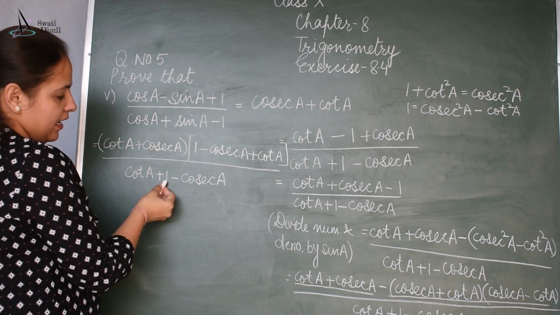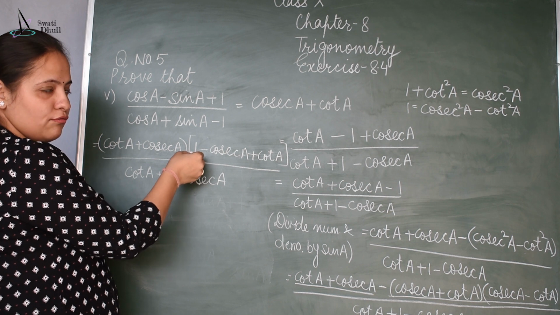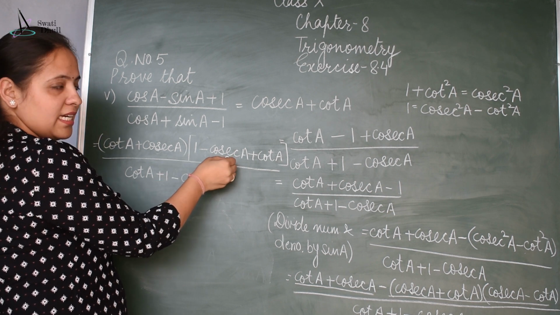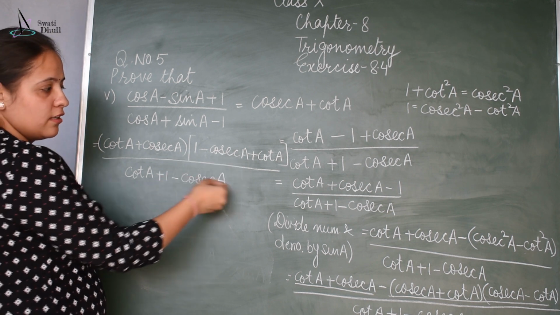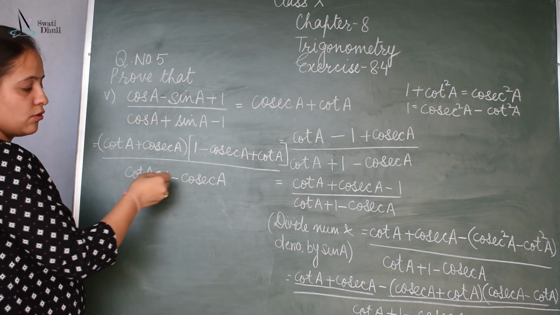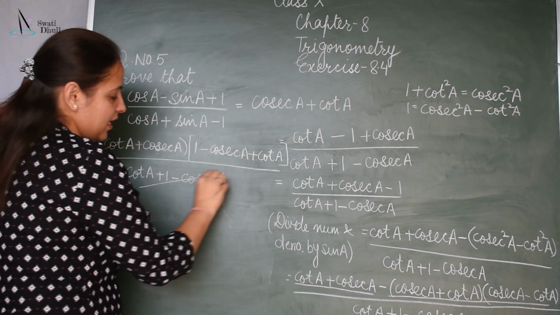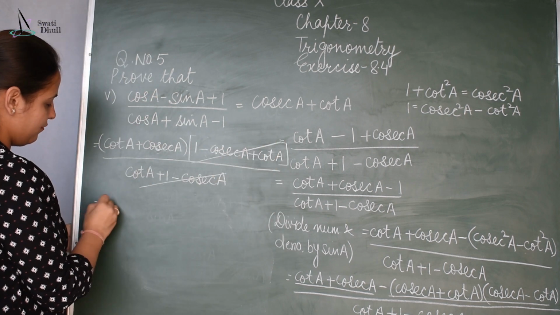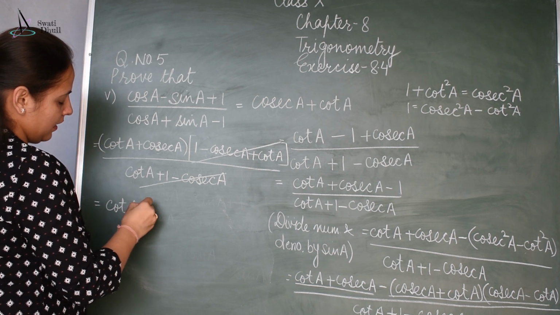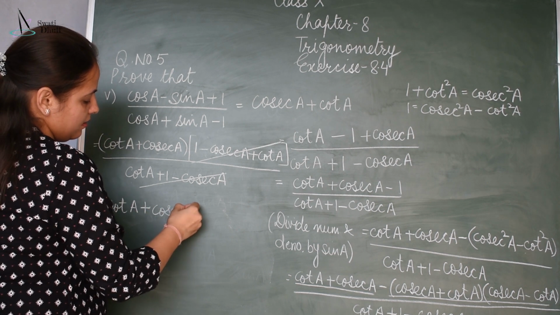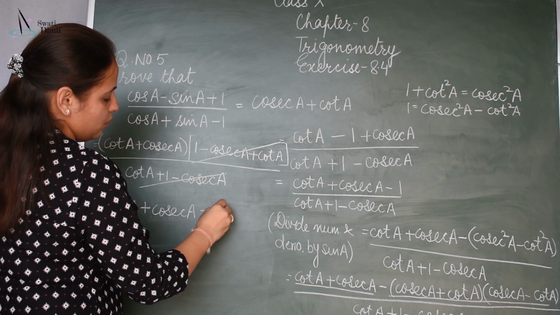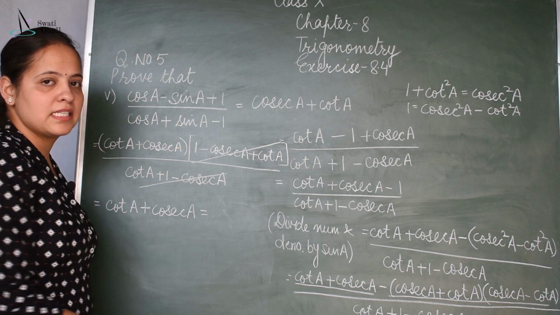Now see, here 1 is plus, here also 1 is plus. Cosecant A is minus, cosecant A is minus. Cot A is plus, cot A is plus. So this term and this term are the same, so they can be cancelled out. What are you left with? Cot A plus cosecant A, that is equal to the right hand side.